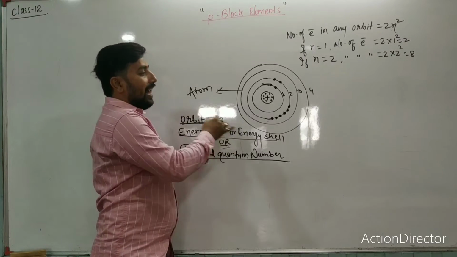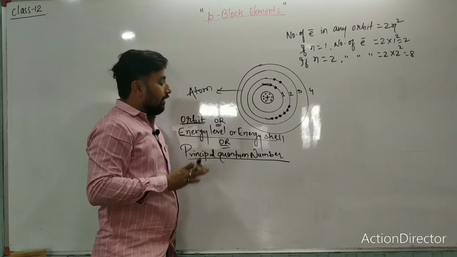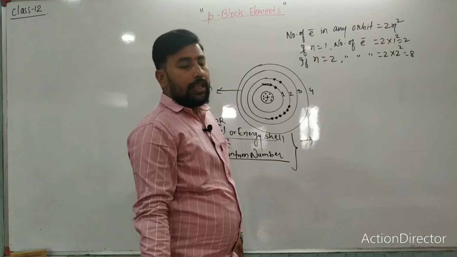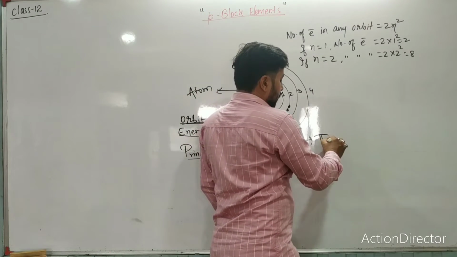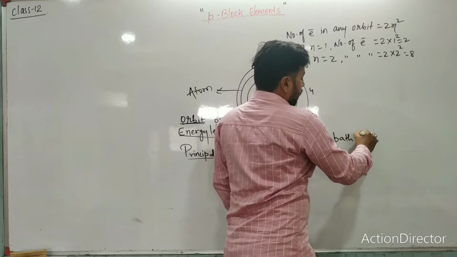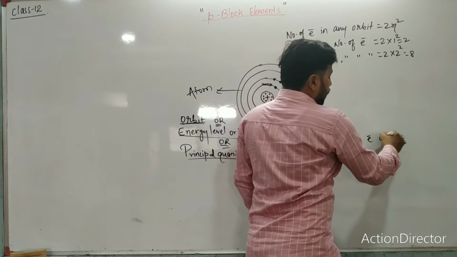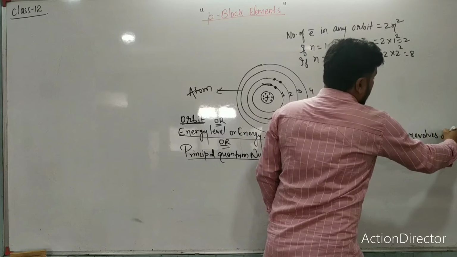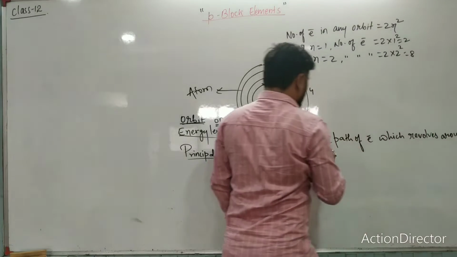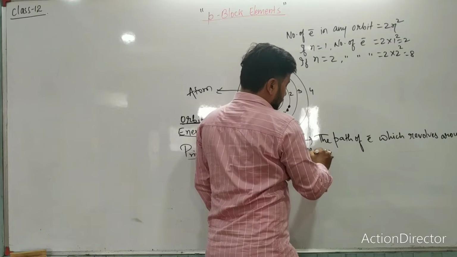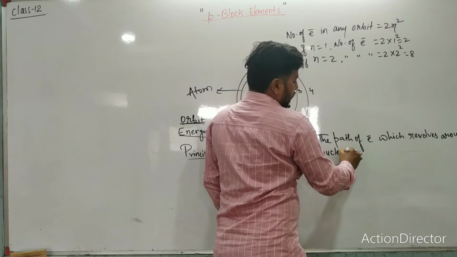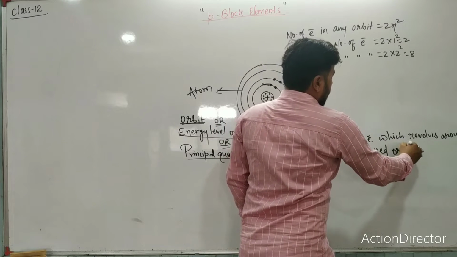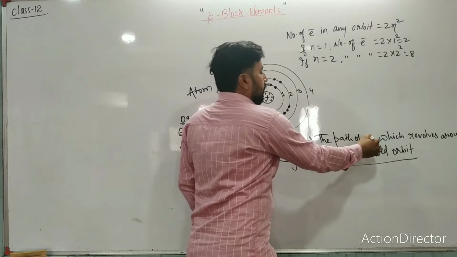If anybody will ask you what is the define of orbit, then you have to just say that the path of electron which revolves around the nucleus is called orbit.